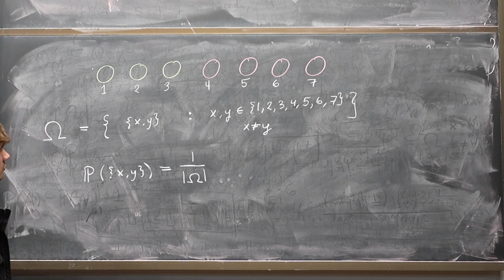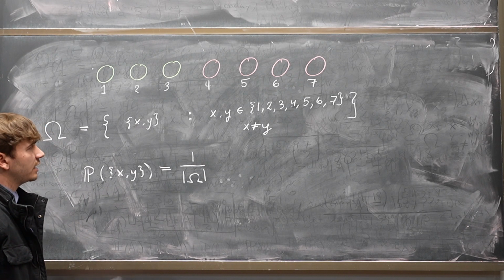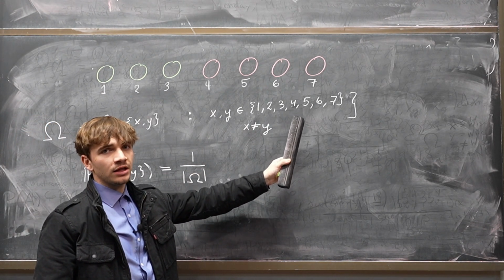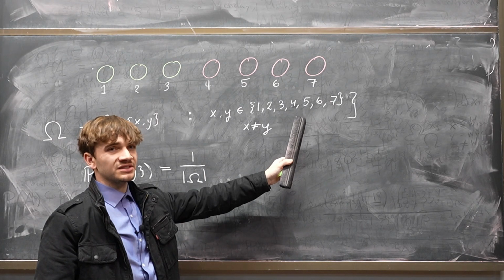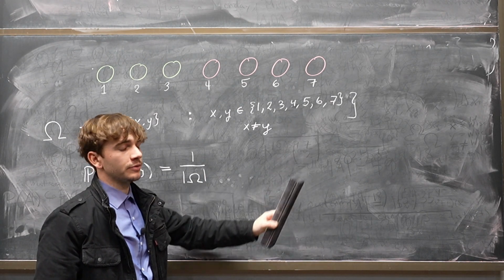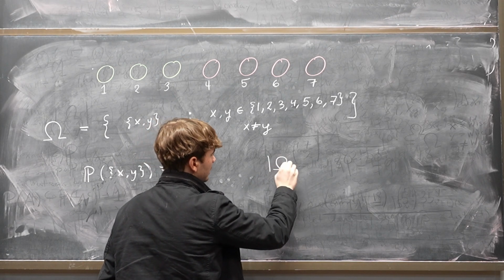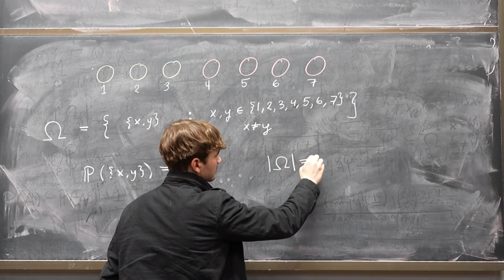Okay, and to determine the size of our sample space, I need to determine the number of ways that I can choose 2 elements out of a 7-element set without order. And that is precisely 7 choose 2. So the size of this set omega is equal to 7 choose 2.